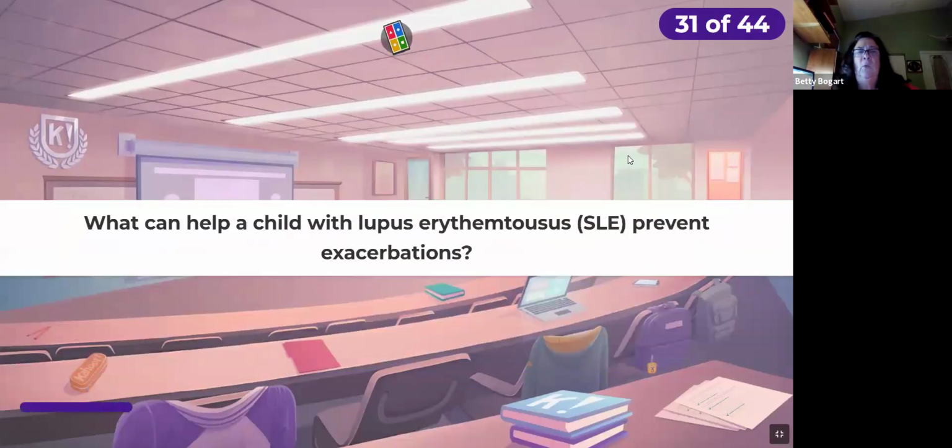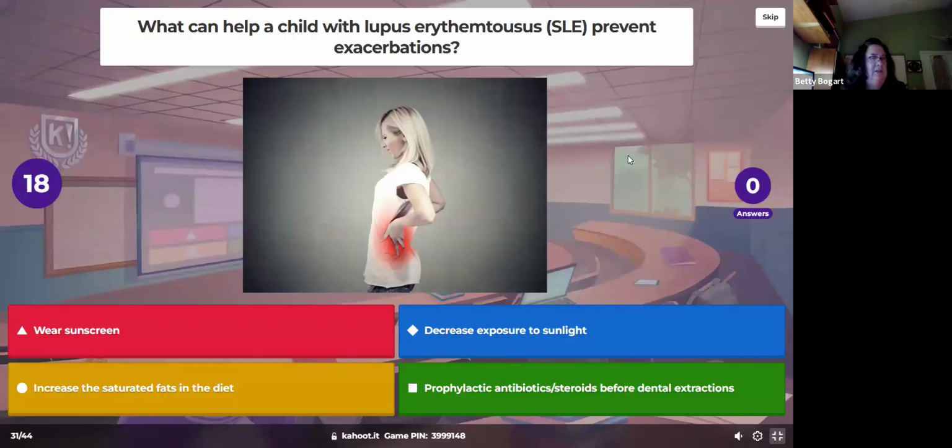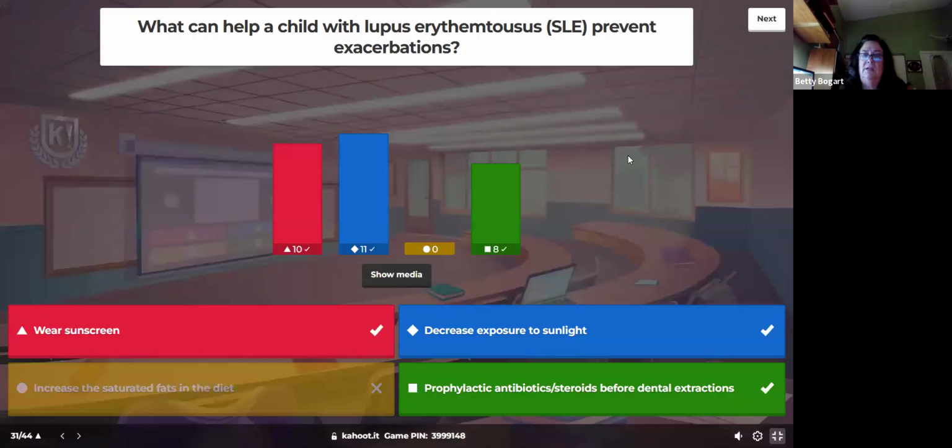A multi. What can help a child with lupus erythematosus prevent exacerbations? What did I tell you the biggest thing about lupus is? So sunscreen, absolutely.